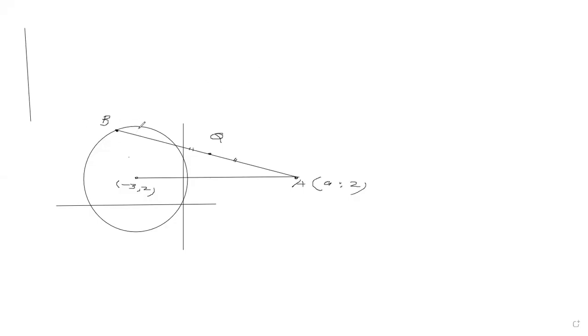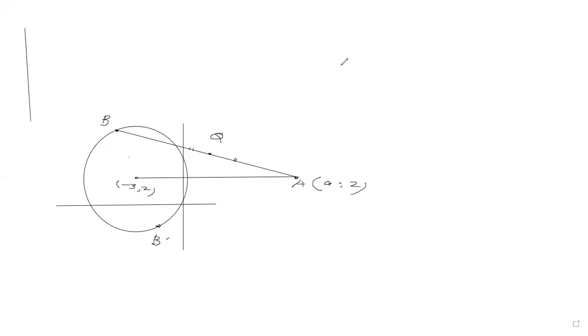But now they say B goes around the circle here. So you could have another point B here, for instance. Let's call it B prime. And for that point now, you got a new center.